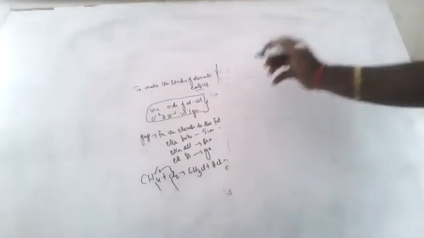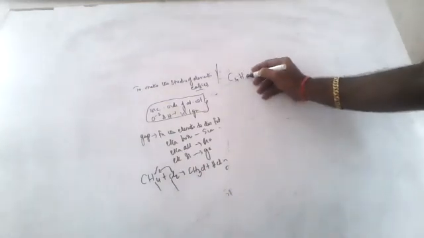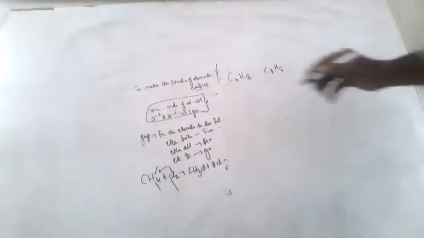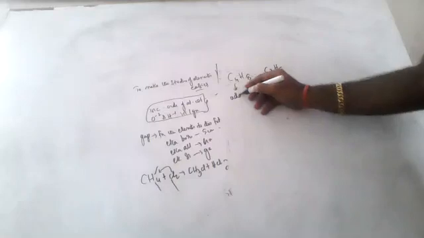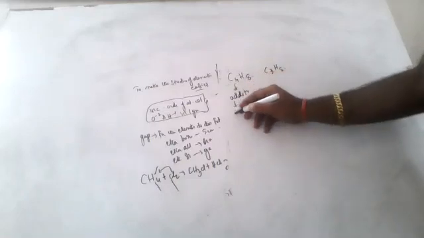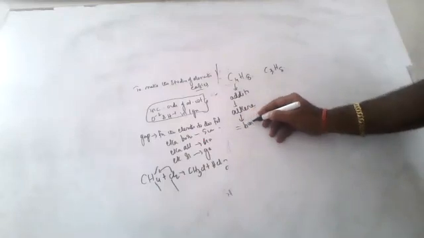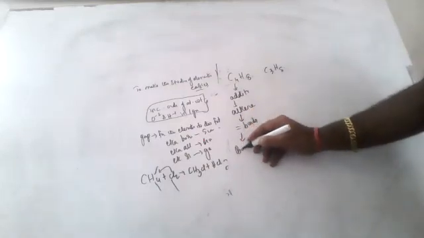Children, among C4H8 and C3H8, which of them will undergo an addition reaction? C4H8 will undergo addition reaction. Why, children? Because it is an alkene. Alkene has a double bond. When they have a double bond, they will undergo addition reaction.